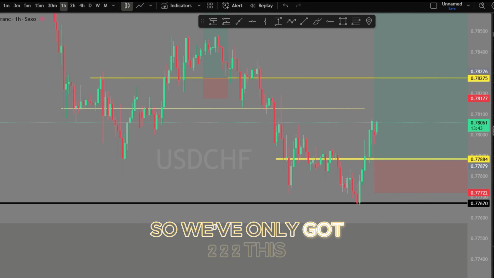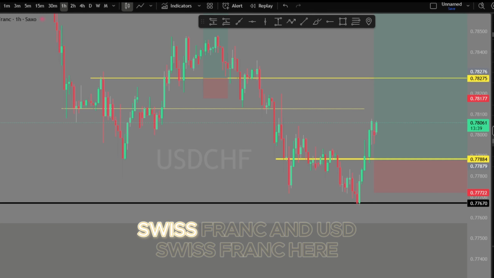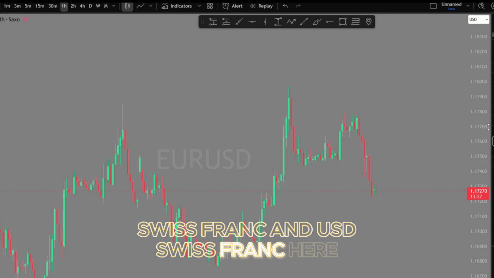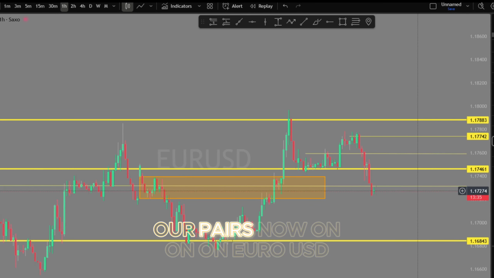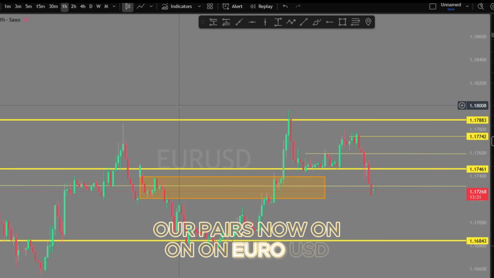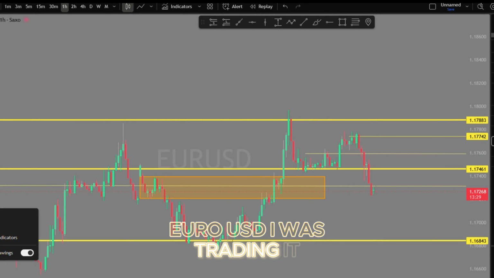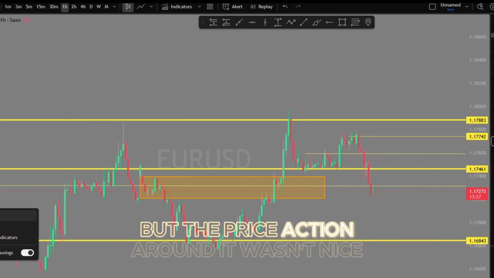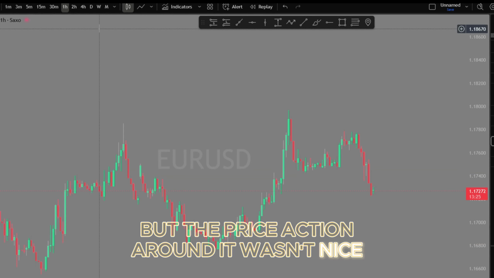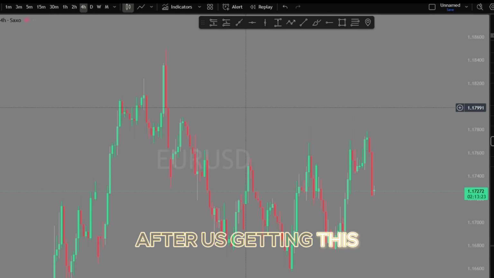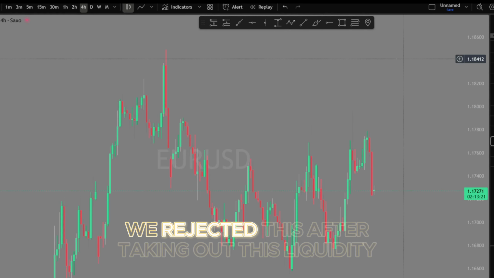So we have only got two pairs, this CAD Swiss franc and USD Swiss franc. Now on Euro USD, I was trading it, but the price action around it wasn't nice. After we got this, we rejected this.